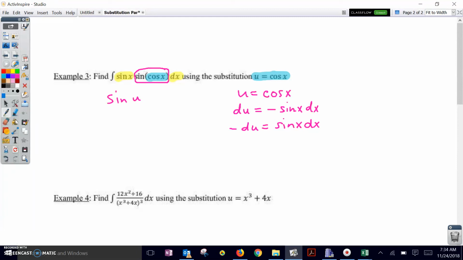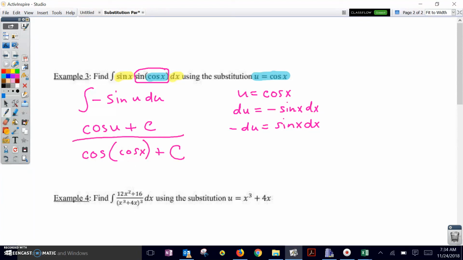And so this turns into the integral of the opposite of sine of u du. Now I'm going to find that by antidifferentiation, and that's just going to be the cosine of u plus c. And so my integral is going to be the cosine of the cosine of x plus c when I bring u back. And there's my integral.